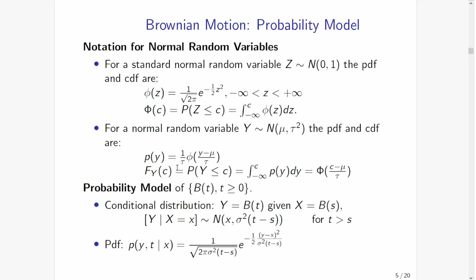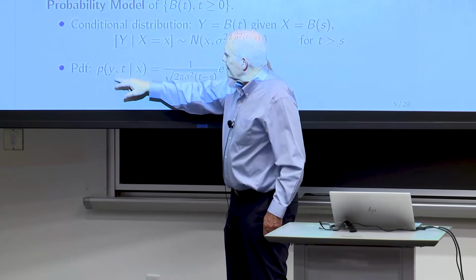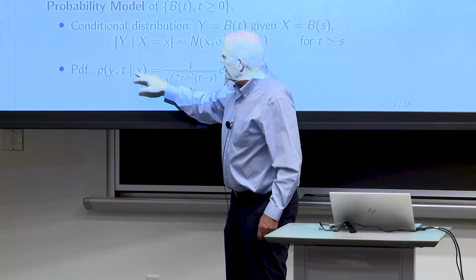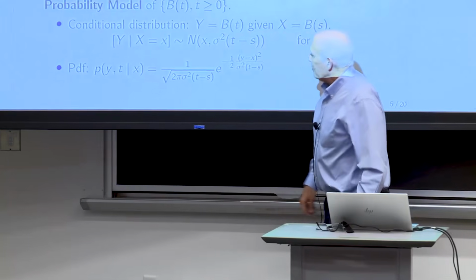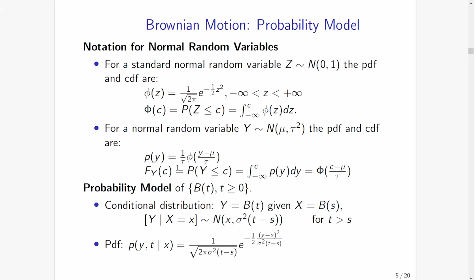So its PDF has this form. The notation here is the density of y at time t given x, the value at time s. We have this Gaussian density that's centered at x, and the variance of y depends on the increment from s to t multiplied by sigma squared.